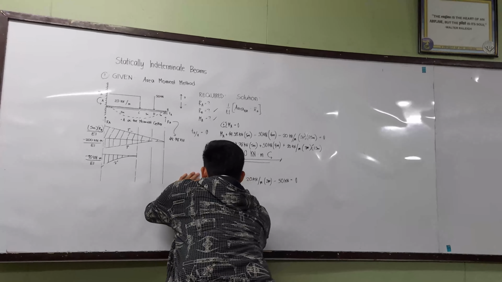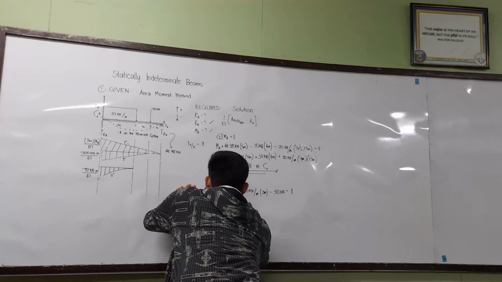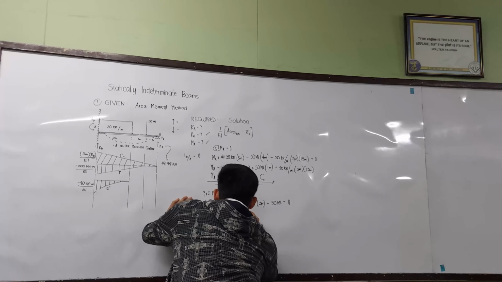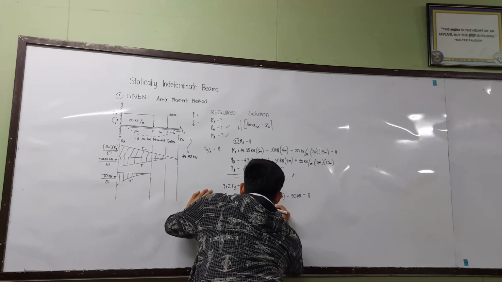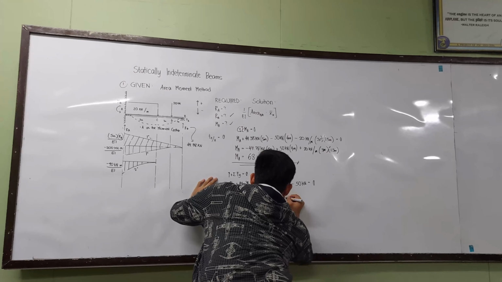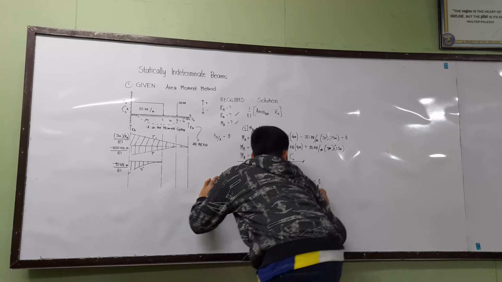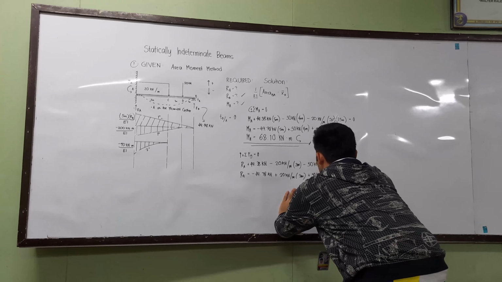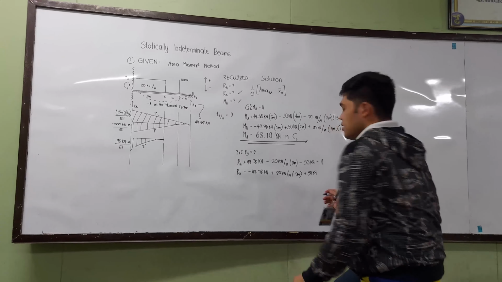So, transpose again, it will be now negative 44.38 kilonewtons plus 20 kilonewtons over meter times 3 meters plus 50 kilonewtons. Okay?